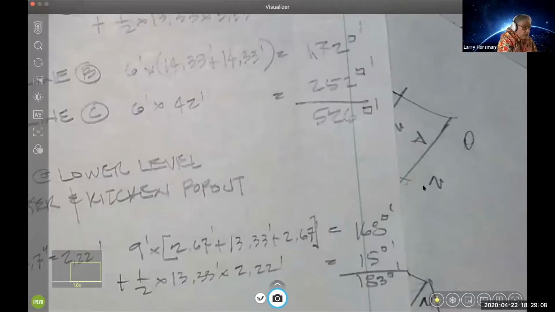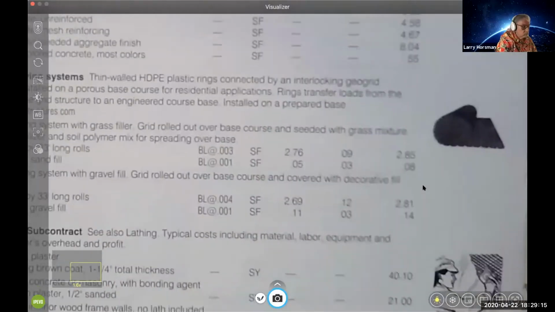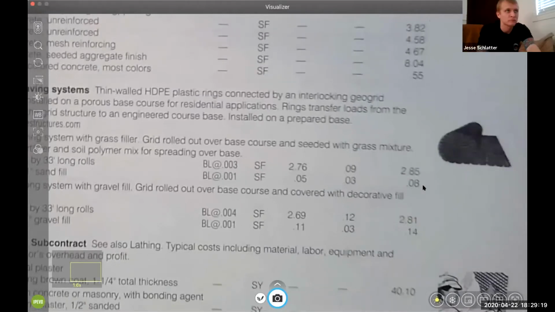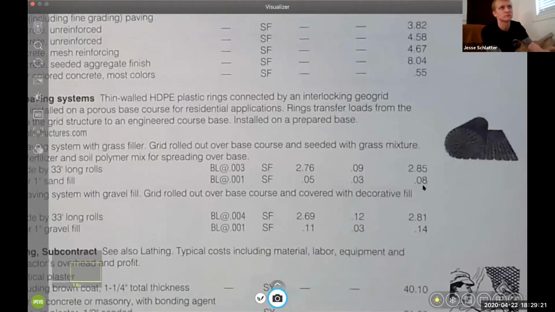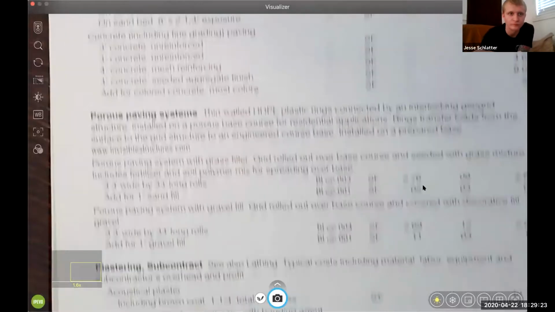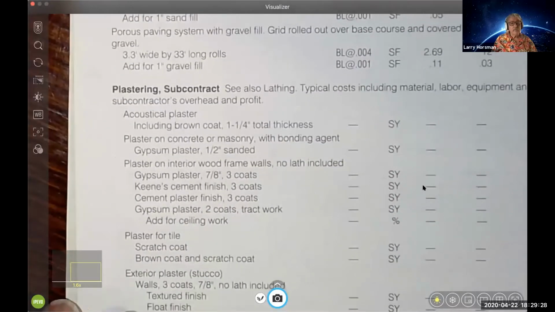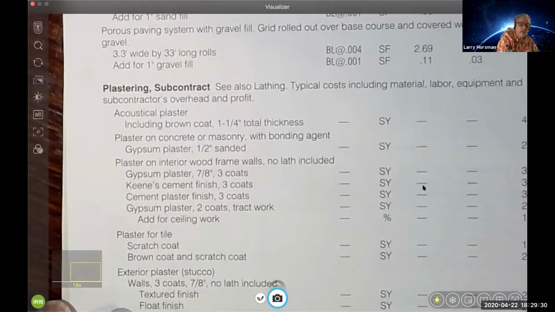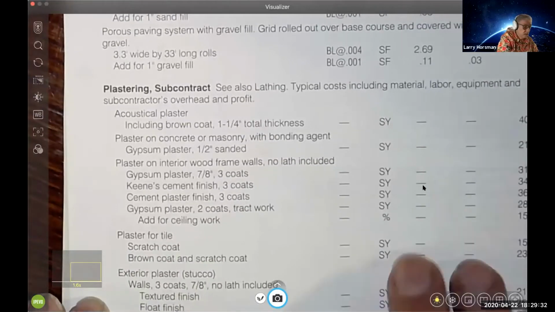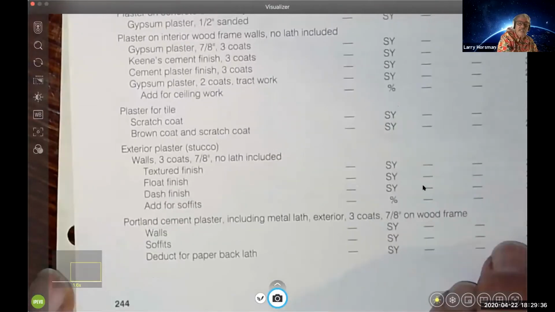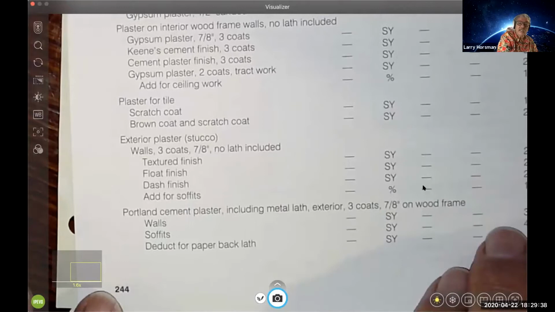And that again is an issue you have to deal with. So plastering by the square yards. We're not doing plaster though, we are doing exterior plaster, so stucco. So this is the standard.